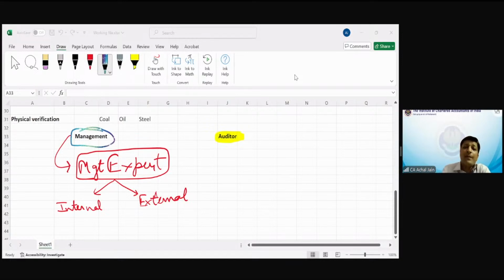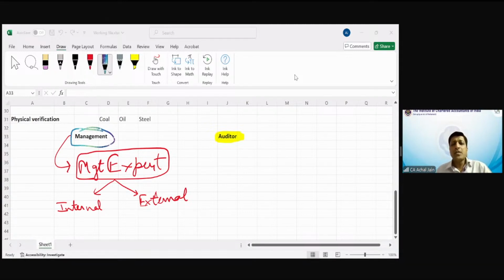But tell me one thing: when the auditor is not competent enough, and he makes inquiries from the expert, do you think those inquiries will be relevant or good enough from the auditor's perspective? The answer may not be yes.